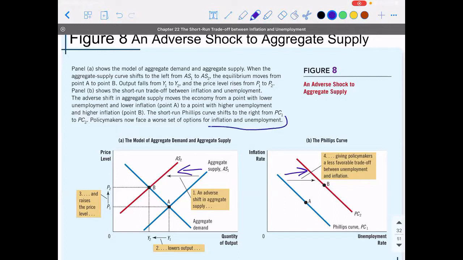Although, don't dismiss that last sentence. You still have a Phillips curve. It's actually just a worse Phillips curve, because now the same unemployment rate is associated with a higher inflation rate, right? That comes from reading that vertically.